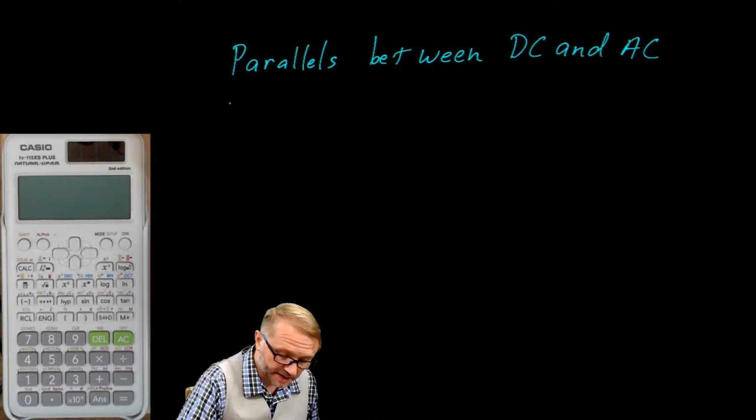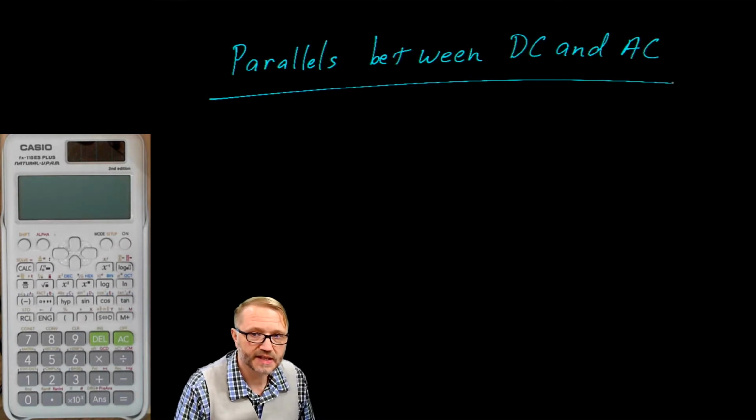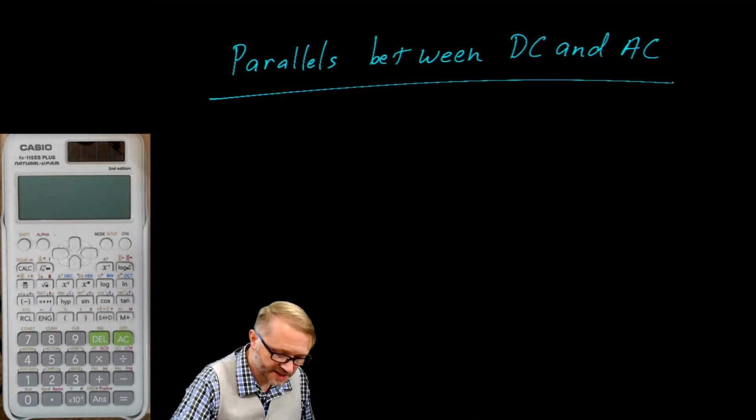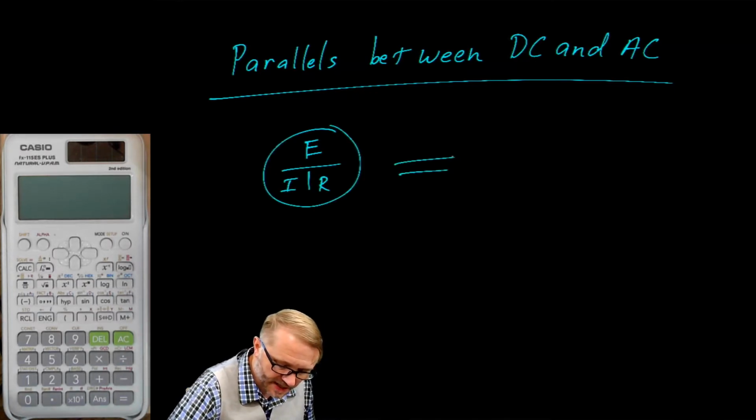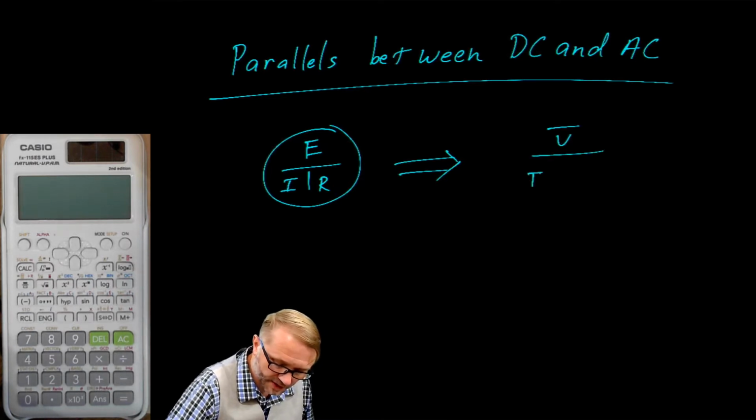There are many parallels between our DC techniques and our alternating current techniques. Our first was Ohm's law. That became a voltage vector over a current vector by an impedance vector.